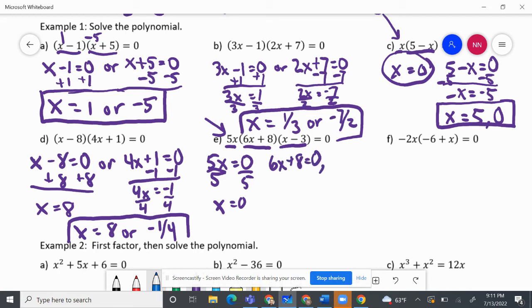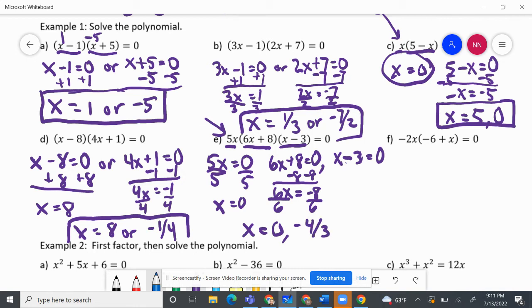And then the other one is x minus 3 is equal to 0. So we subtract the 8. Then we divide it by 6, and we're going to reduce it. So x first is equal to 0. Then it's negative 4/3, because when we reduce negative 8 over 6, it's negative 4/3.